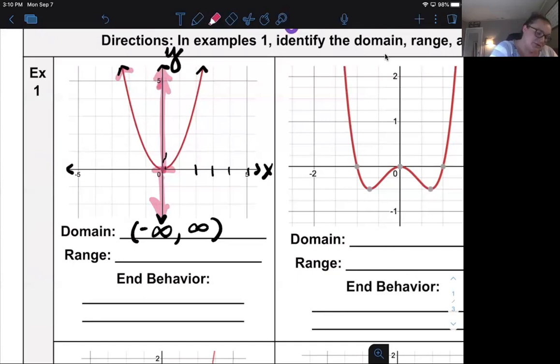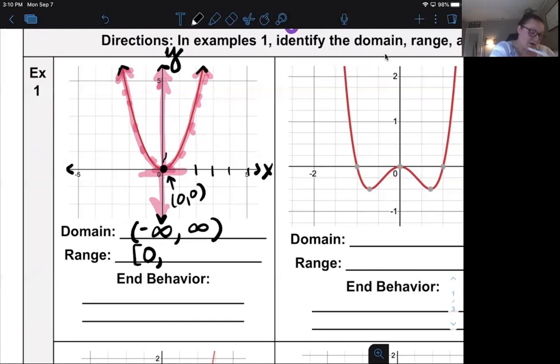But what we need to notice about this parabola in particular is that all of the y values on this graph are above 0, which means that this graph does not go below 0 on the y-axis. So our range actually starts at 0. And we include 0 because there is a closed circle at 0, 0, at the origin.